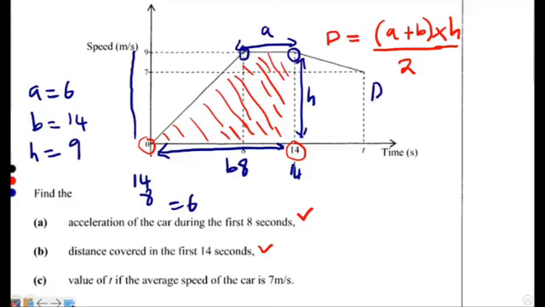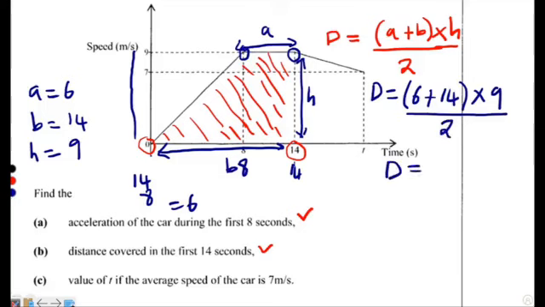So we substitute: distance is equal to (6 plus 14) times 9 over 2. Adding inside the brackets gives 20, times 9 over 2. So 20 times 9 gives us 180, divided by 2.